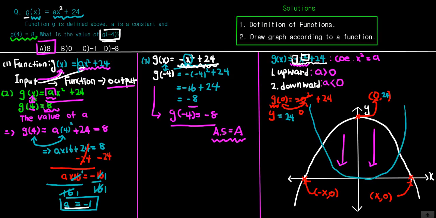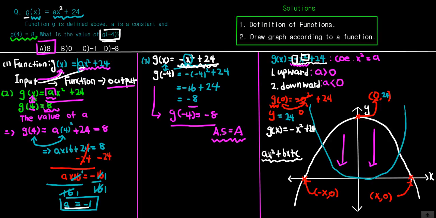So at first we can think about the forms of the equation right over here. g of x is equal to negative x squared plus 24. And g of x is equal to negative x squared plus 24 is in the standard form. The standard form is a form such as ax squared plus bx plus c.